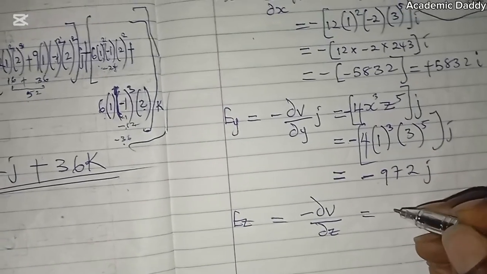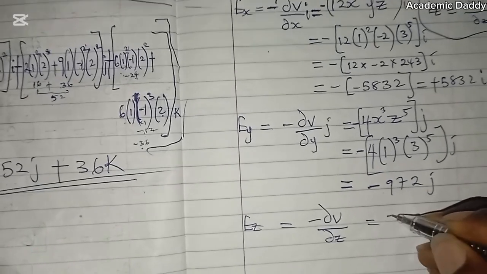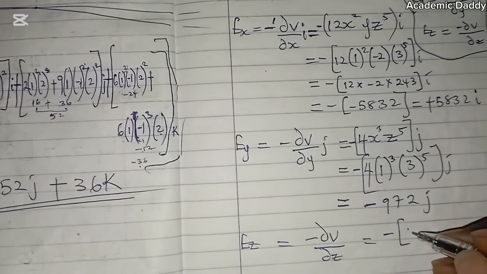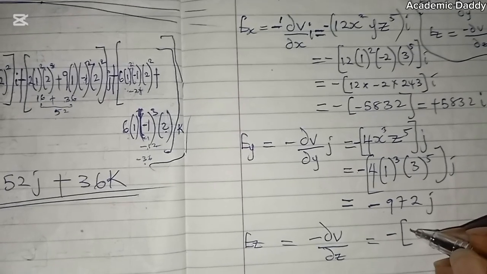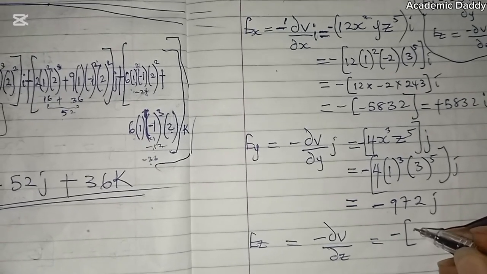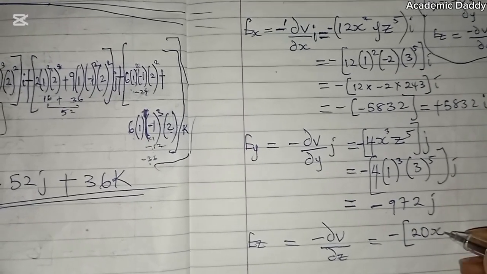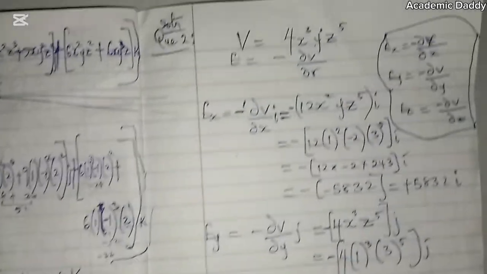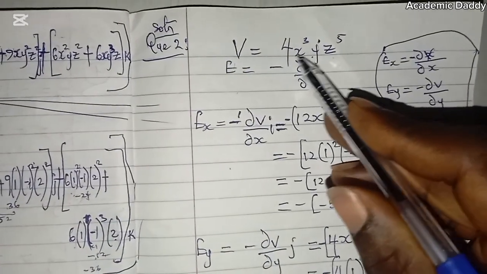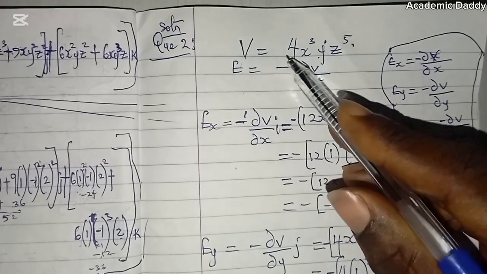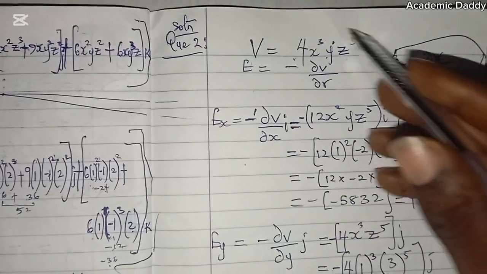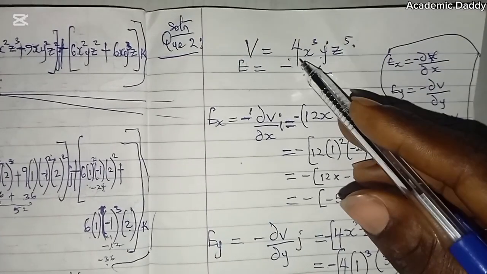equals to minus. So I have 5 times 4 is 20, 20x cubed y to the power 5, see where I am. This is the one I differentiate. I did 5 times 4. This is the main thing. The change in V simply means differentiate. So 5 times 20.